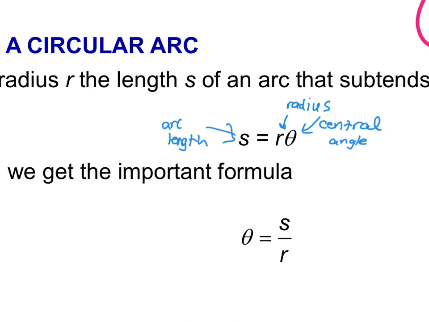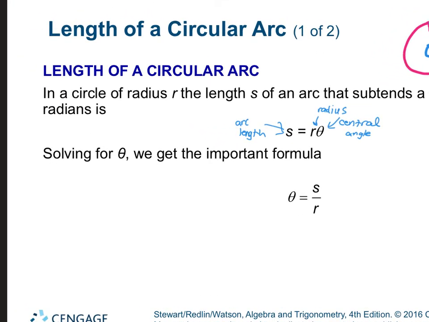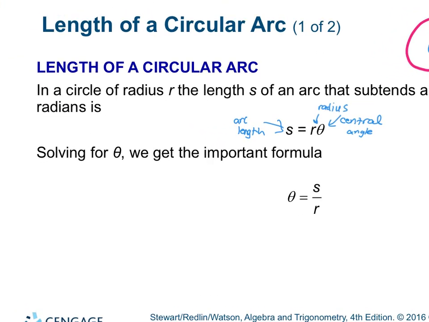One thing that is super duper important is that your theta, when they give it to you, must be in radians. So if they give you a degree measurement, what do you have to do to that angle first?